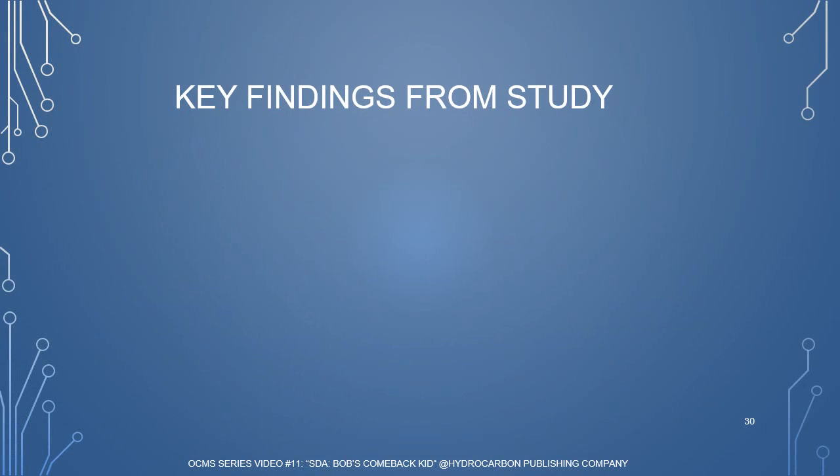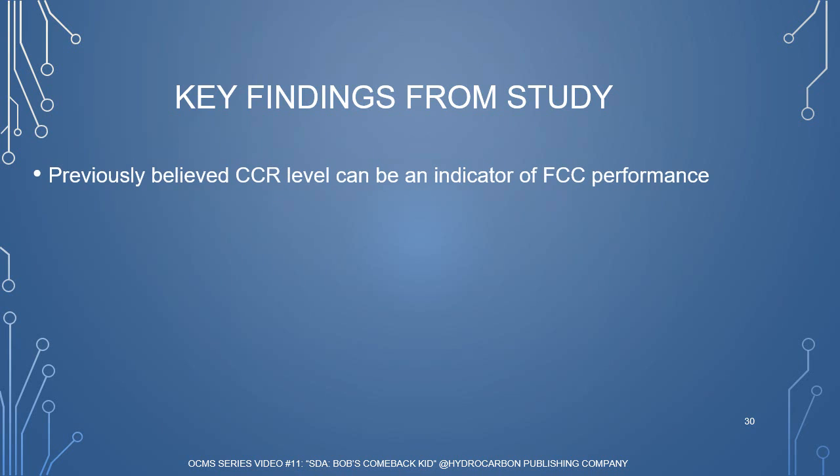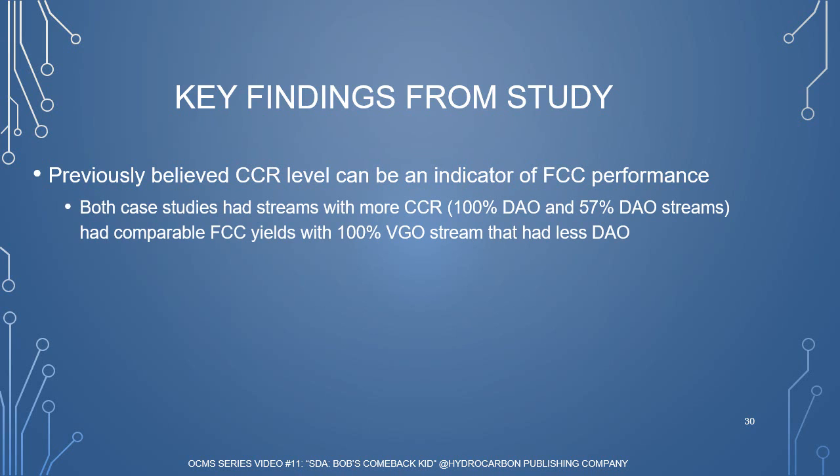Generally, it was believed that Conradson carbon level is an indicator of FCC performance, but the results from both studies show that a 100% and a 57% deasphalted oil stream, both of which had higher levels of Conradson carbon, had comparable FCC yield compared to a vacuum gas oil stream, which had less Conradson carbon.